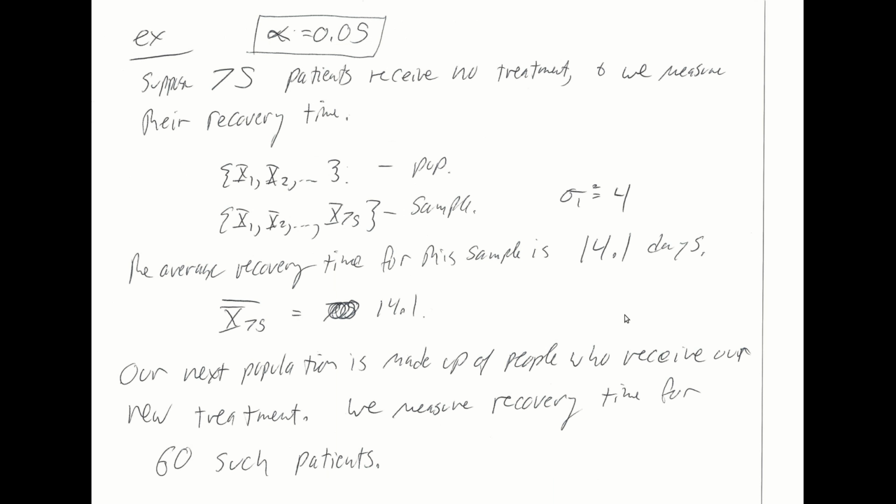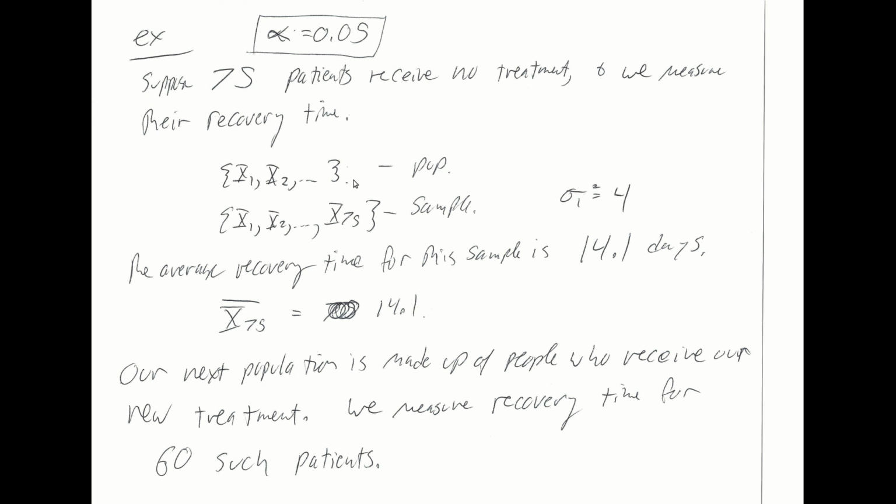So let's do an example here. Suppose we're going to study the recovery time of patients with COVID-19, as we discussed at the beginning of the lecture. We take alpha to be the industry standard of 0.05. So we're taking a significance level of 5%. Suppose that 75 patients that we observe are going to receive no treatment, and we measure their recovery times.